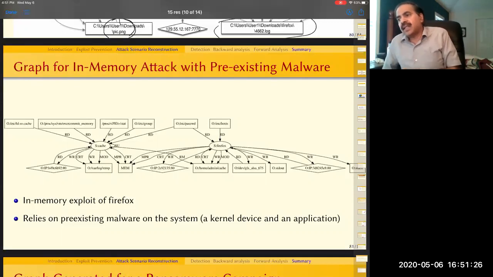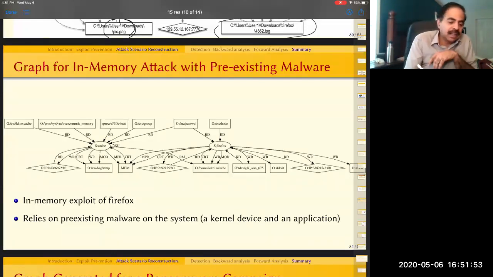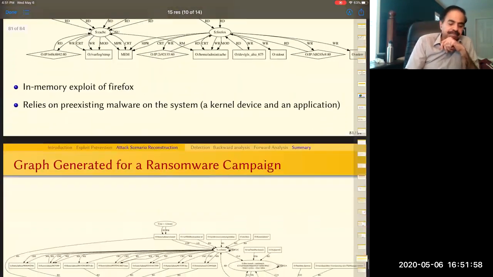This is a technique that attackers use because there are a lot of tools that can detect file-based malware, because when you download and store something in a file and execute the file, it's a relatively easy thing to detect. Whereas if it's downloaded directly into memory and executed right from the memory, then it's a little bit harder to detect. So this example shows how such an in-memory attack works.